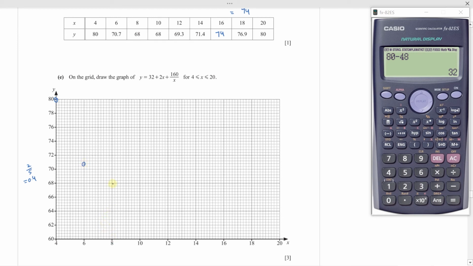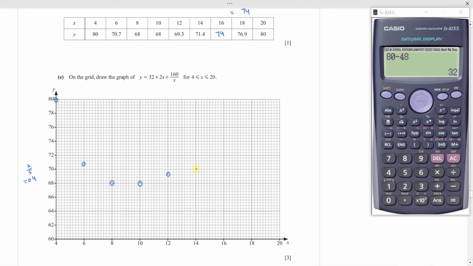Then you have 8 and 68, 10 and 68, 12 and 69.3: 68, 68.4, 68.8, 69.2, 69.6. So 69.2, just above this, will be 69.3. 14 and 71.4.